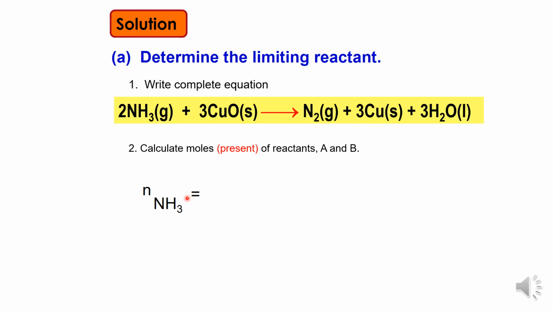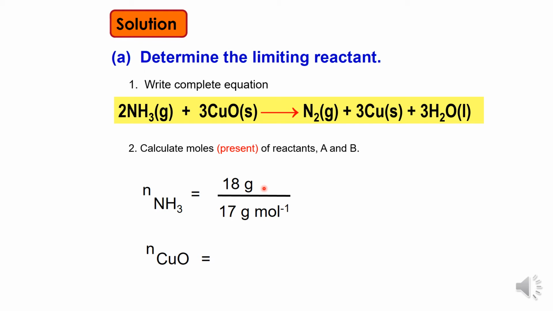Now we want to determine the mole present of ammonia and of copper(II) oxide. So how do we determine the number of moles? The formula is mass of ammonia divided by molar mass of ammonia: 18 gram ammonia divided by 17 gram per mole.